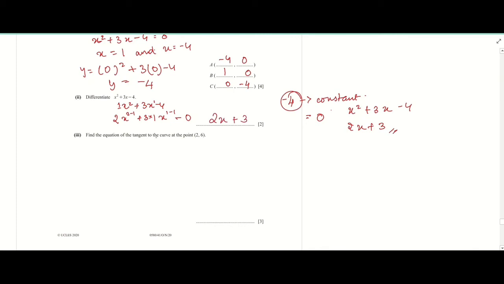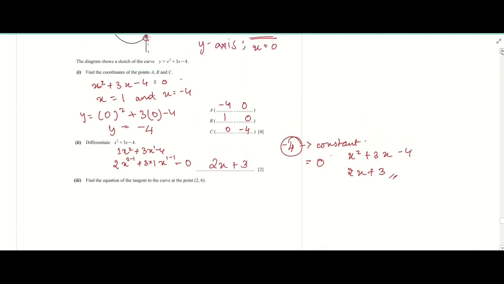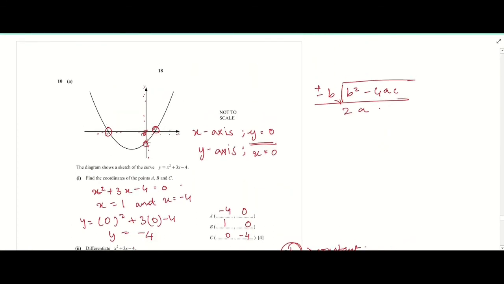Find the equation of the tangent to the curve at the point 2, 6. Imagine the point 2 is here, and that means this point might be 2, 6, just a rough guess. Imagine there is a line that only touches the curve at the point 2, 6. If it only touches that point, it's called a tangent.